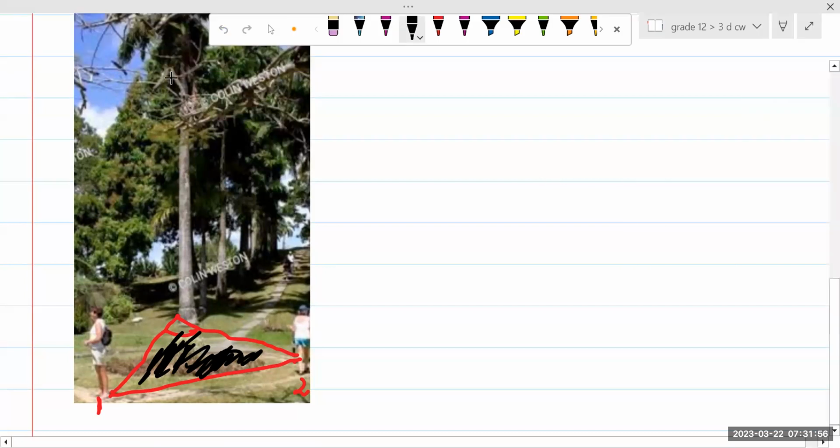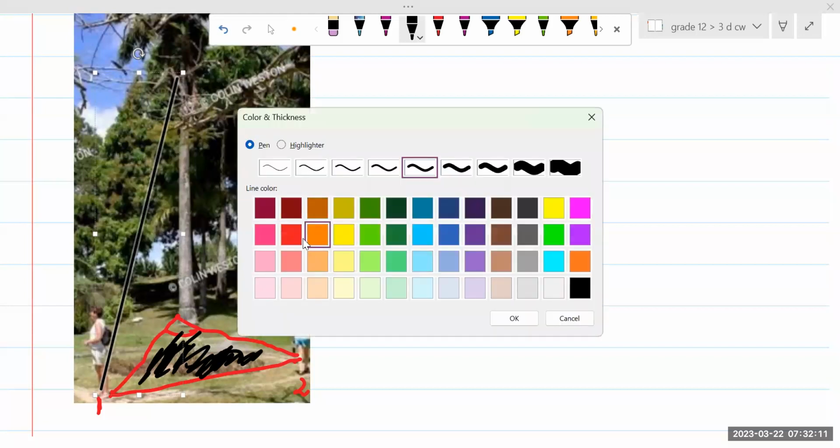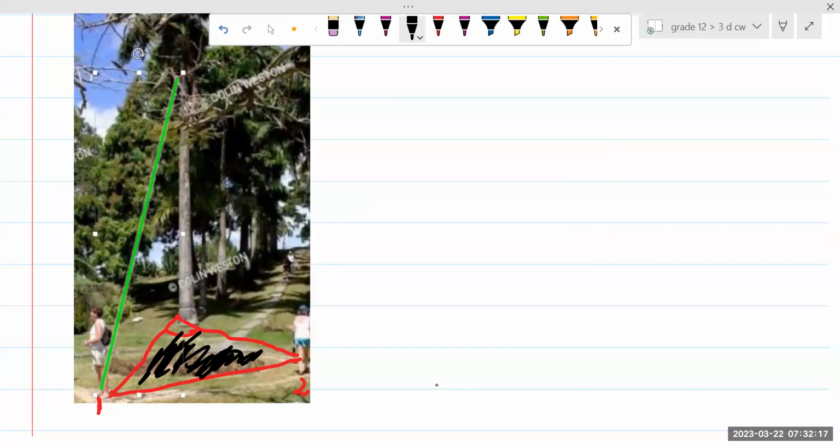Yeah, we can have something from here to the height of the tree. Then that one here is the vertical plane. So we see that happen.